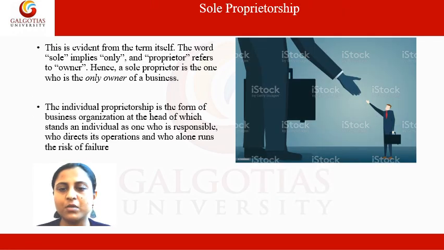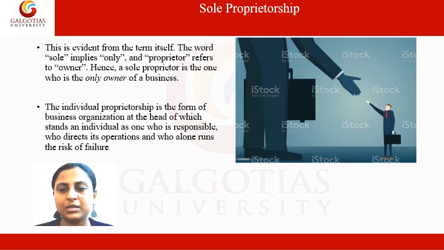The first form of business that we are discussing is sole proprietorship. Now sole proprietorship refers to a form of business organization which is owned, managed and controlled by an individual, and that individual is the recipient of all profits and undertakes all the risk.